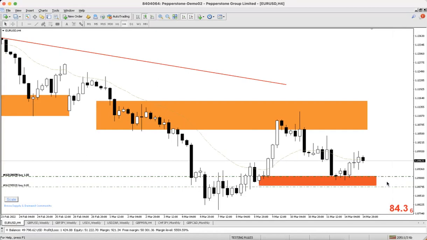So if your risk to reward is 1:2, it means you're going to take profit when you make $100, right? If your risk to reward is 1:3, it means you're going to take your profit when you reach $150, all right? That also depends on the lot size you are using.